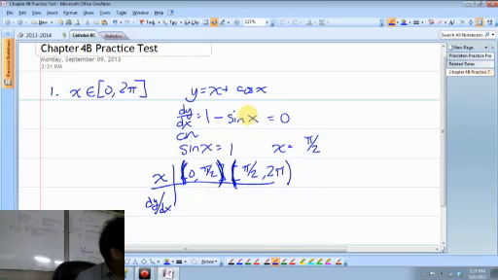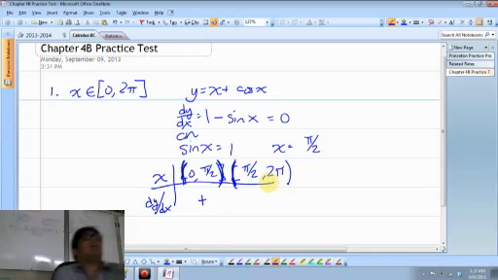Sine of pi over 4 is root 2 over 2, about 0.707, so 1 minus root 2 over 2 is positive. For a number between pi halves and 2 pi, let's just say pi.